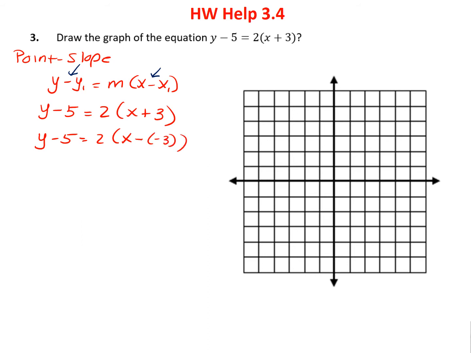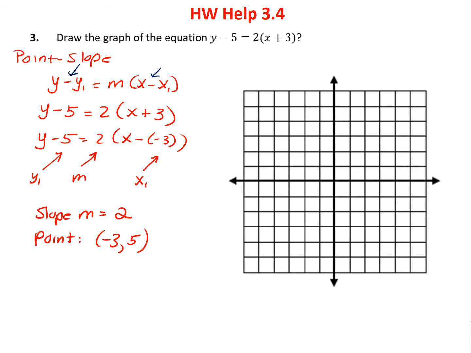Okay, now I have my y1, my slope, and my x1. Or I can write it this way: my slope m equals 2, and my point is going to be -3, 5.